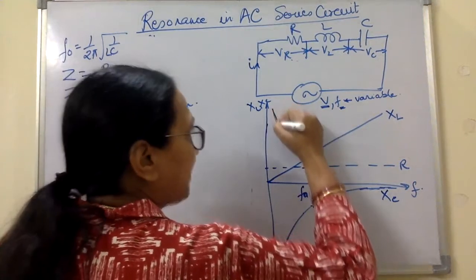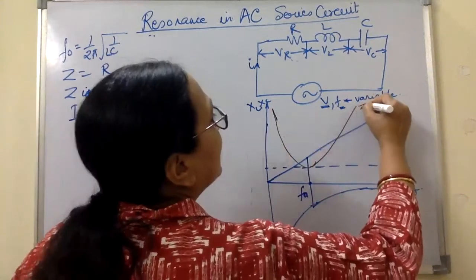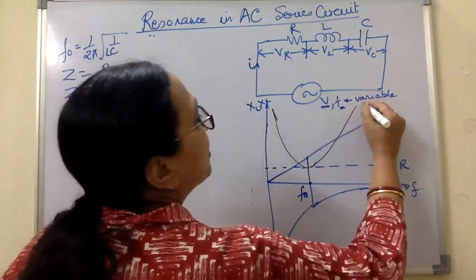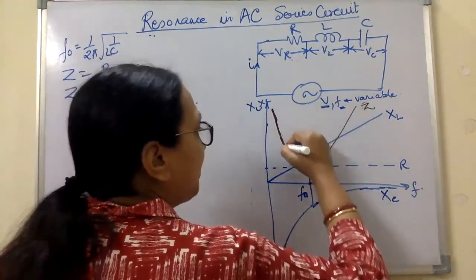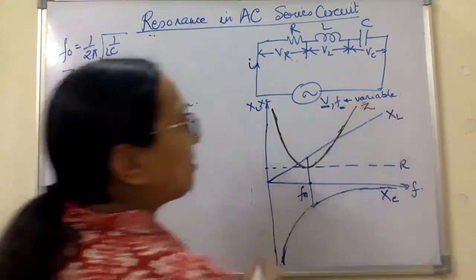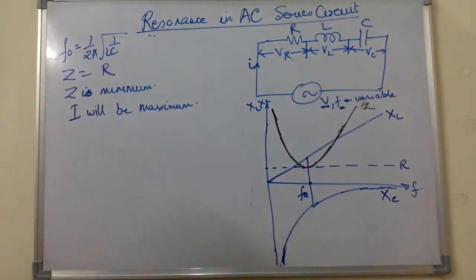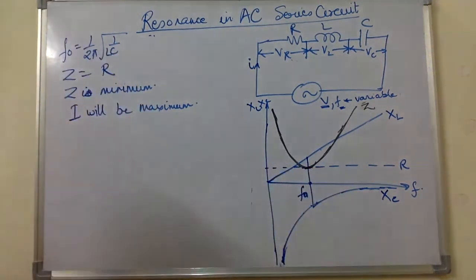The impedance will be minimum at resonance. This is your impedance curve. Below the resonant frequency and above the resonant frequency, the impedance is more, and at resonance it is equal to R.